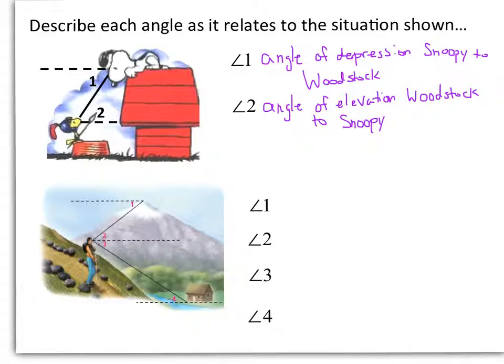Okay, in our second diagram, angle 1 would be the angle of depression of the mountain peak to the hiker. Angle 2 is the angle of elevation from the hiker to the peak.